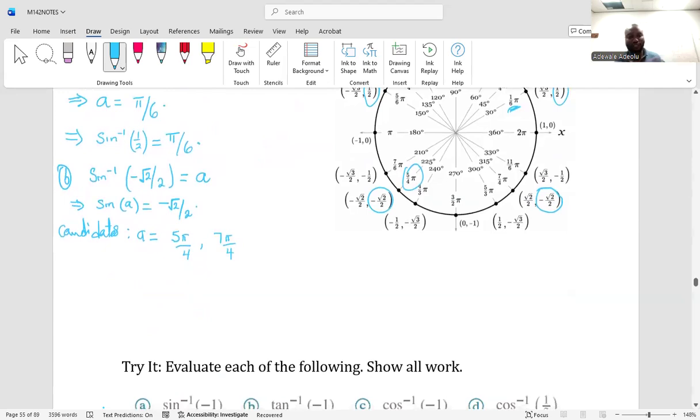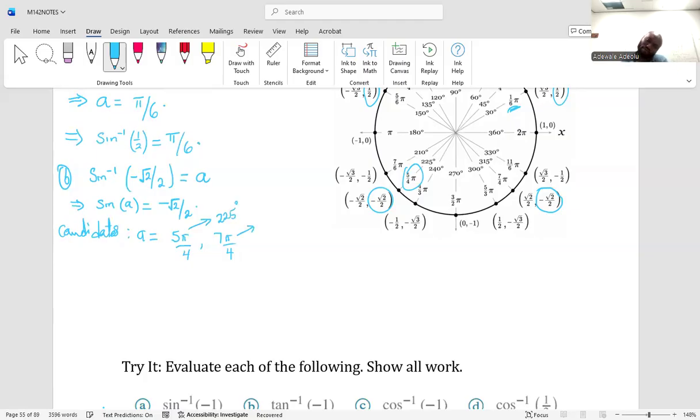Now, which of these is our guy? Let's see. This is 45 times 5, so that would be 225 degrees.